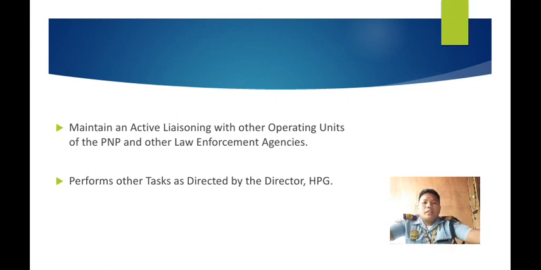Next, maintain an active liaison with other operating units of the PNP and other law enforcement agencies. Perform other tasks as directed by the Director HPG.